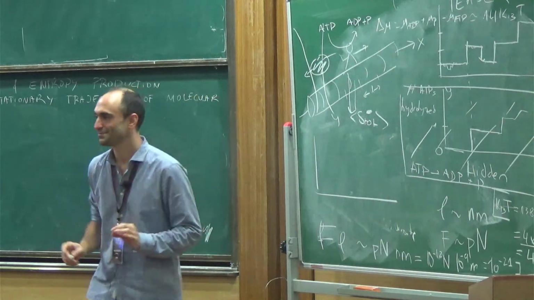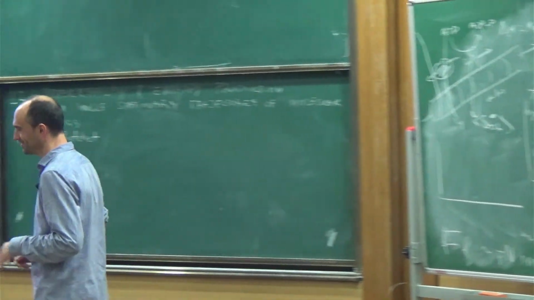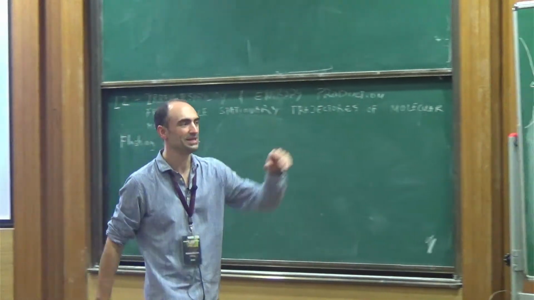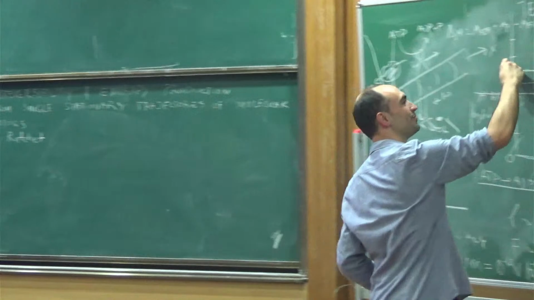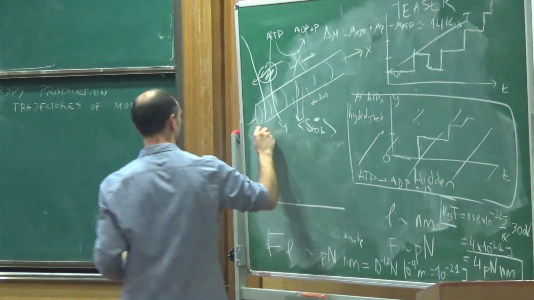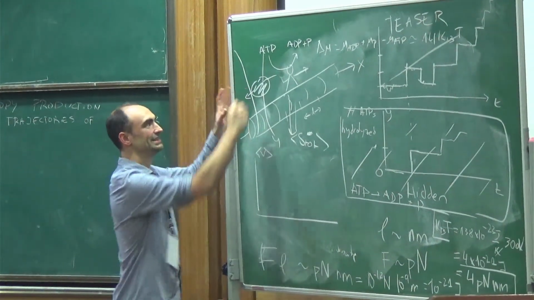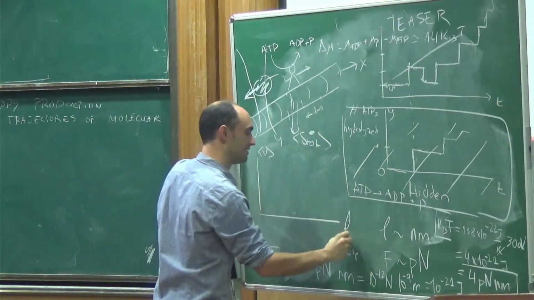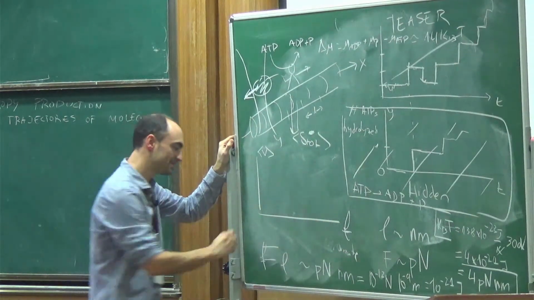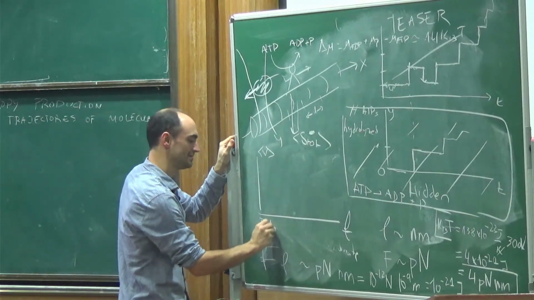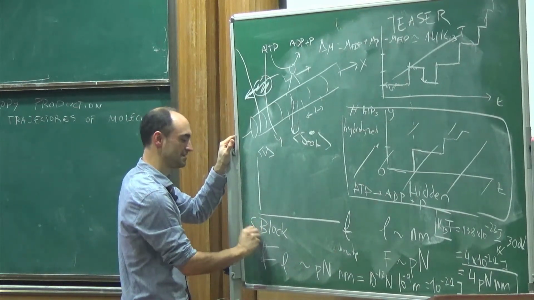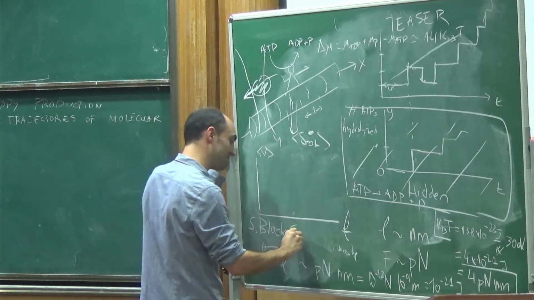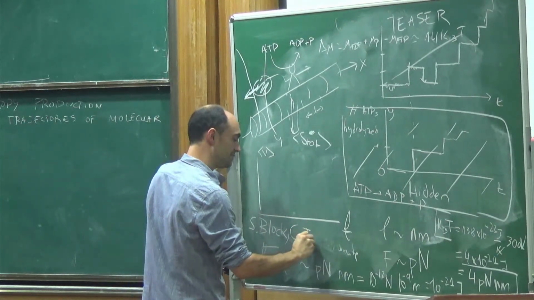So there are experiments, for example, from the 1990s. You can measure the net velocity, the slope of this curve, as a function of the amplitude of an external opposing force. You can check the papers by Steve Block, whose lab is very important in single molecule work, or Carlos Bustamante.